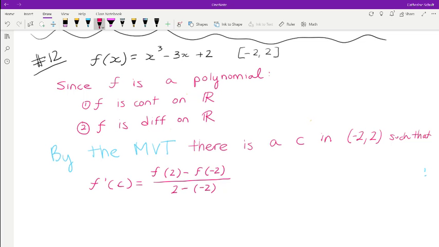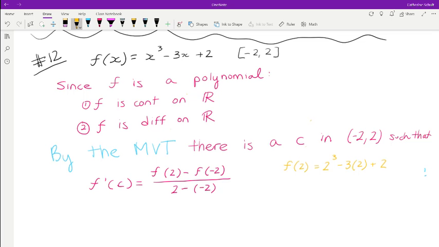So let's do a little scratch work off to the side. What is f of 2? Because remember, now that we showed that it fulfills the hypotheses, we have to find all of the c's. We can't find the c's unless we know what this is. So 2 cubed minus 3 times 2 plus 2, right?